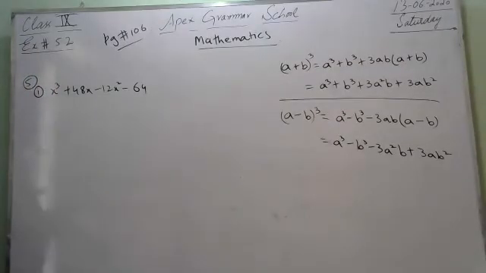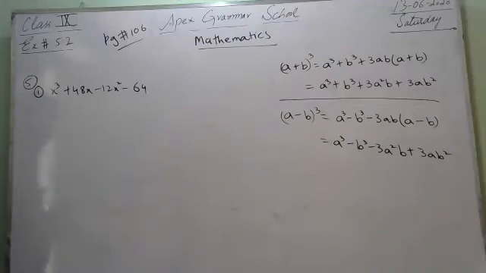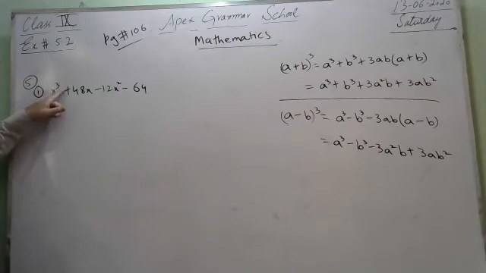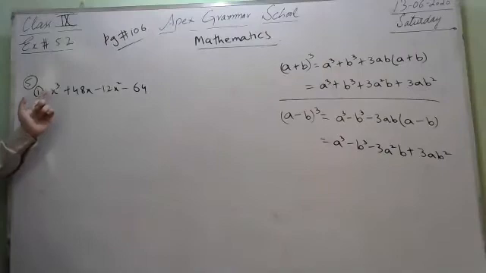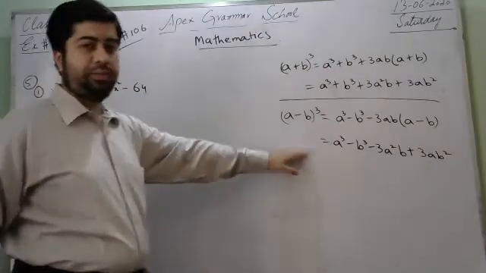Now first we have to judge which formula type is going to be made here. For that purpose, you can see that the variable contains power 3. This means it is going to be the formula of (a plus b) whole cube type or (a minus b) whole cube type.